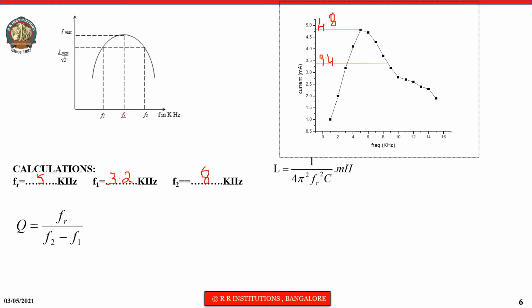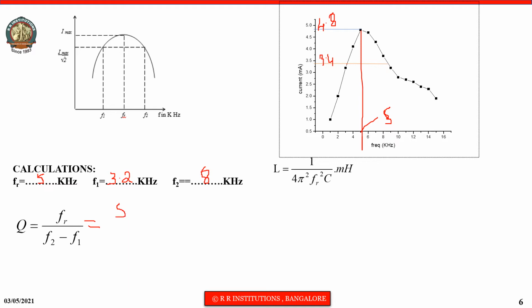So we have noted Fr, f1 and f2 from the graph, and we can calculate the quality factor. Quality factor is Fr divided by bandwidth.